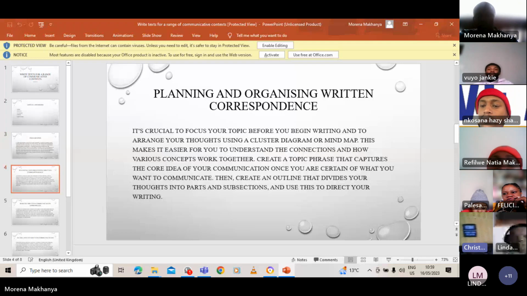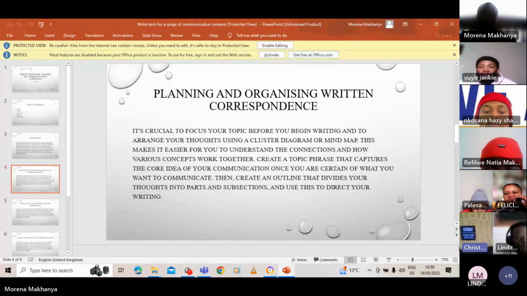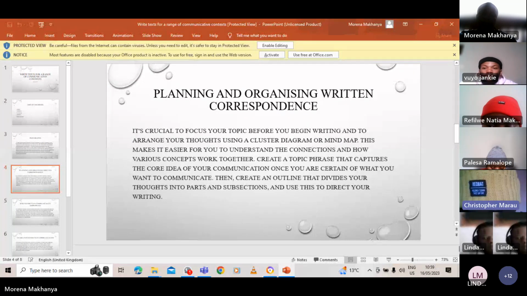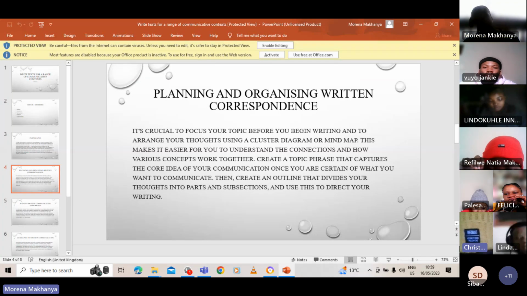Planning and organizing written correspondence. It's crucial to focus your topic before you begin writing and to arrange your thoughts using a cluster diagram or a mind map. This makes it easier for you to understand the connections and how various concepts work together.